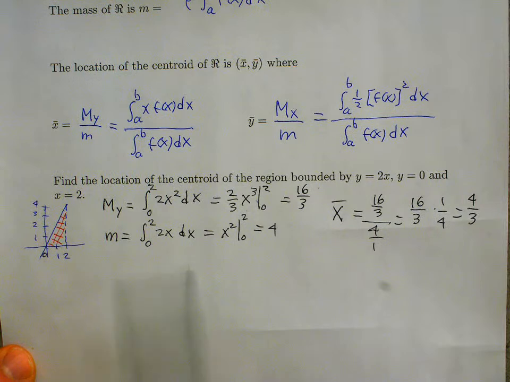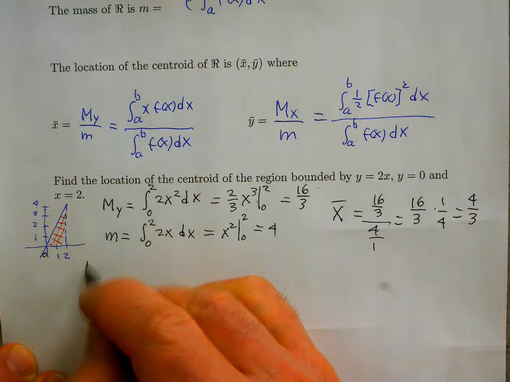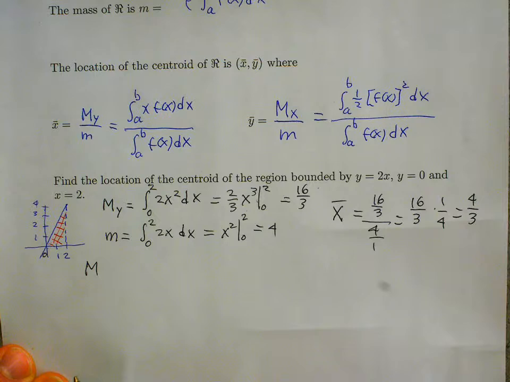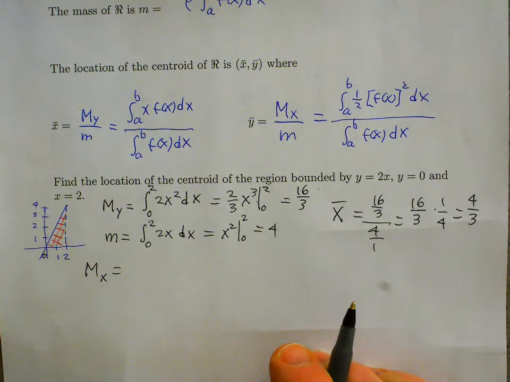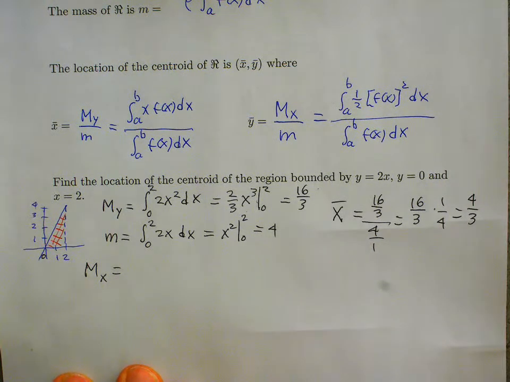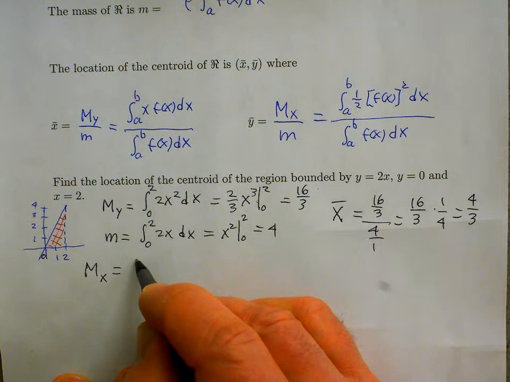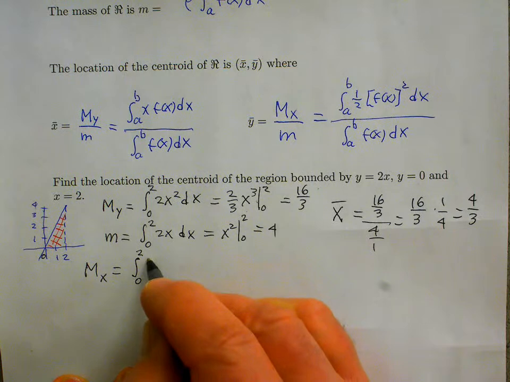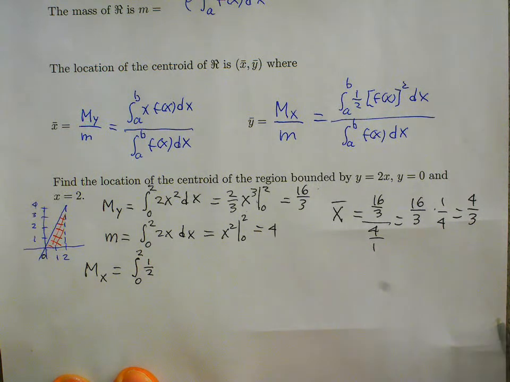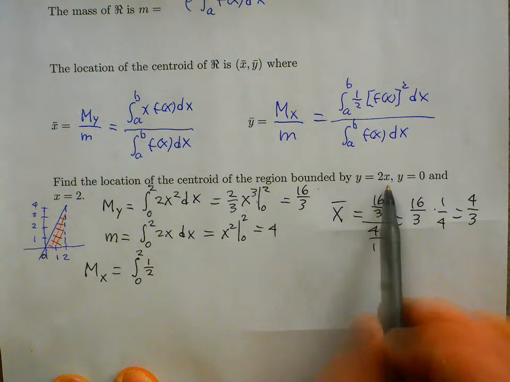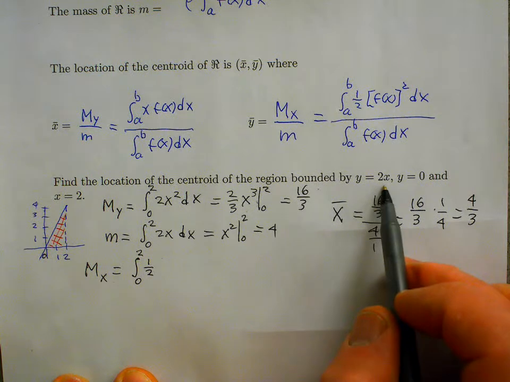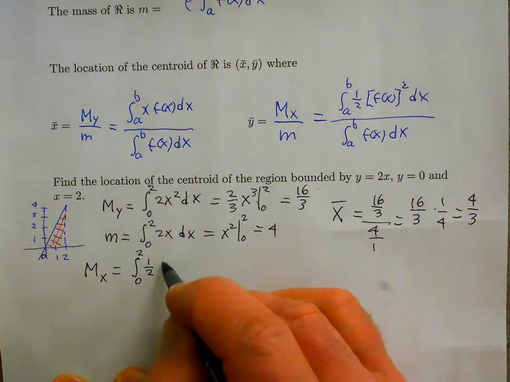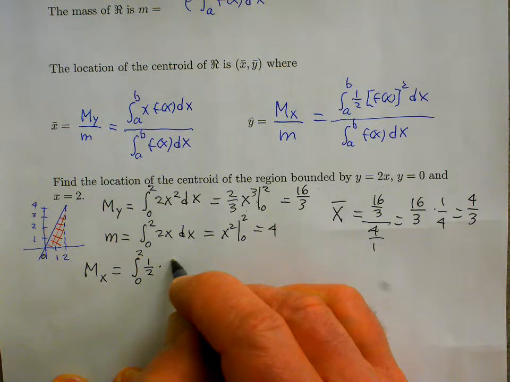Okay, now let's find the moment of that region about the x-axis. So it's rho times the definite integral from 0 to 2 of 1/2 times the square of f of x. So our f of x is y equals 2x. So when we square 2x, we get 4x squared.